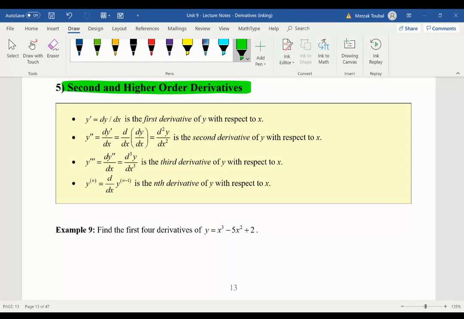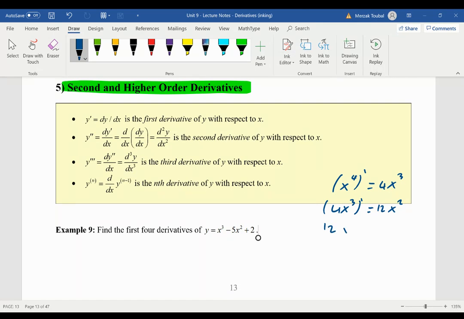Before we do example 9, let me give you a simple example just to understand the concept. Let's say we start with x to the power of 4. The derivative is 4x to the power of 3. Now we can take the derivative of 4x cubed, which is 12x squared.